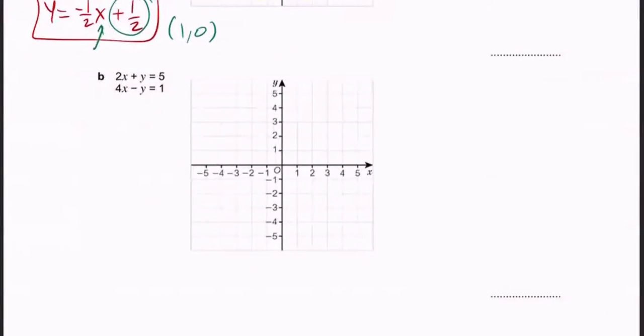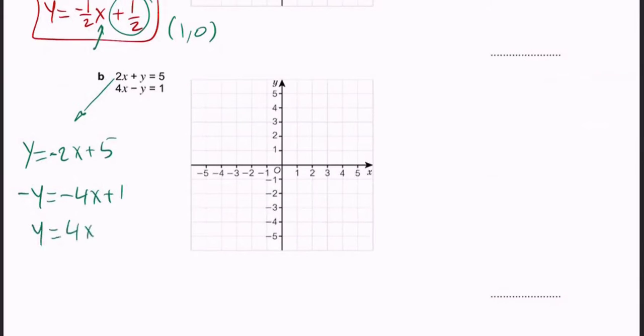Okay, now same way I need to change the subject of the formula, shift 2x to the other side. It will be -2x plus 5. And here shift the 4x, it will be -4x plus 1, divide by -1, so y equals 4x minus 1. Don't get mistaken in this, okay? So I have two lines, these two lines.